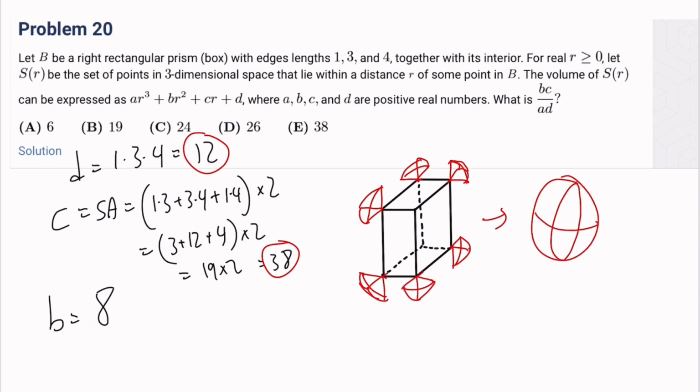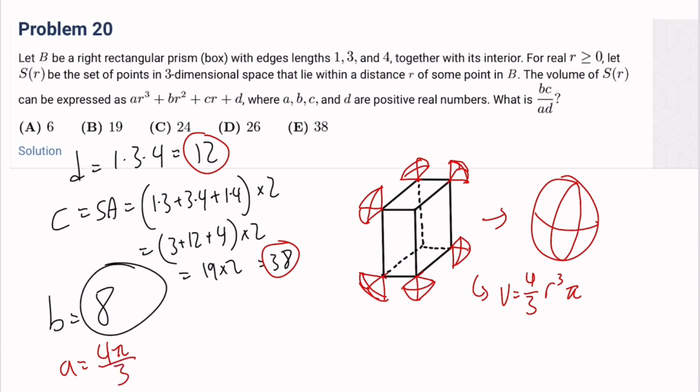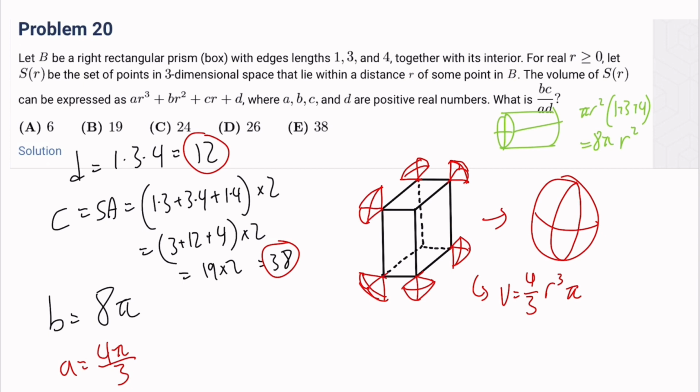The radius of each thing would be R, and the volume, this doesn't look like a sphere, but it kind of is, would be equal to 4 over 3 times R cubed pi. So A equals 4 pi over 3. And also, sorry, B has to be 8 pi, and now we want BC over AD.